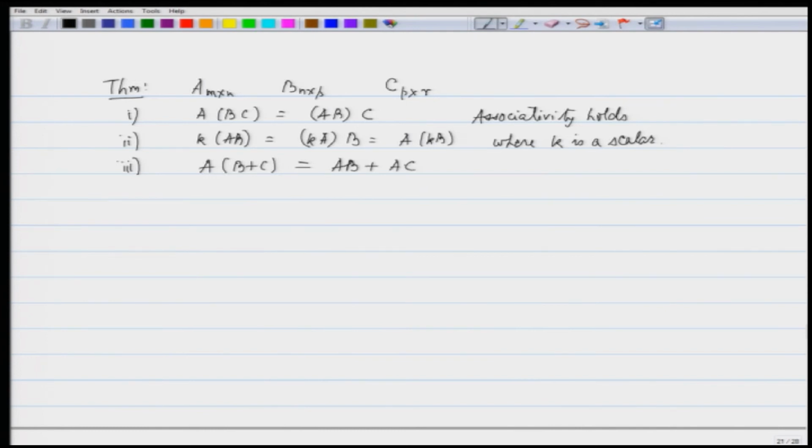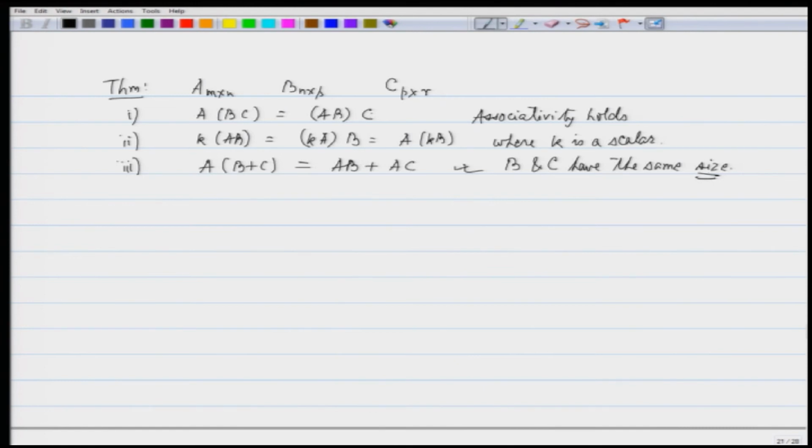The important thing here is that B and C are not meaningful unless C is of the same size as B. So, here we will assume that B and C have the same size, otherwise the matrix product was not meaningful. In the previous ones it was meaningful, fine.